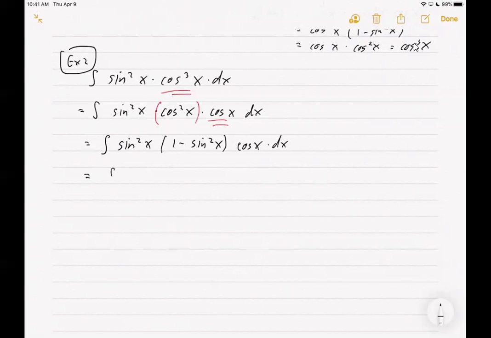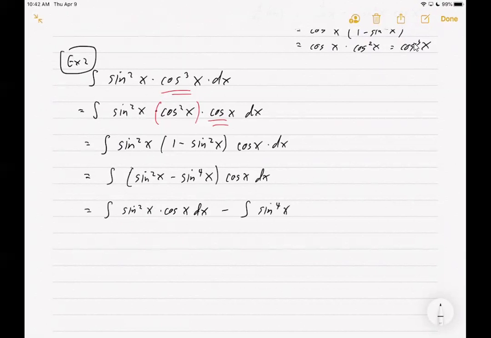We end up with the integral of sine squared of x minus sine to the 4th power of x, all times the cosine of x. Probably the easiest thing to do is write this as 2 different integrals. They're going to be very similar, minus the integral of sine to the 4th of x times cosine of x dx.